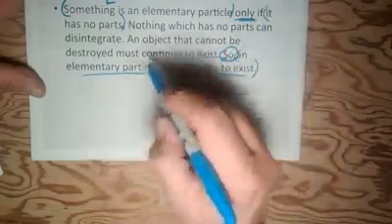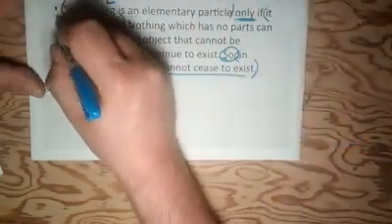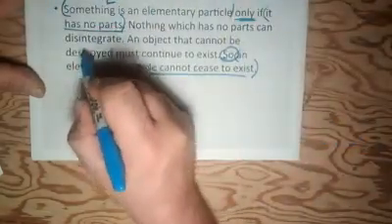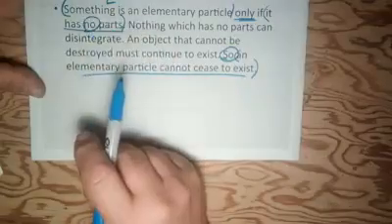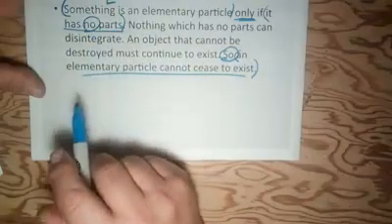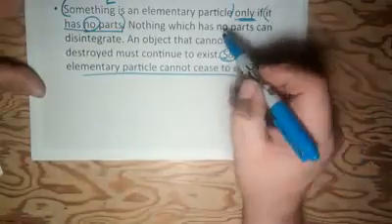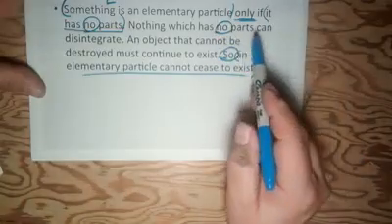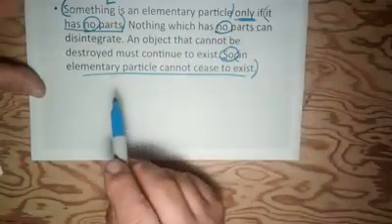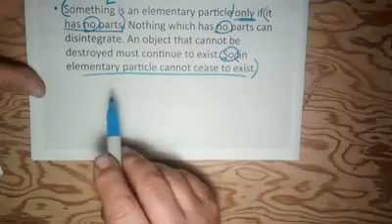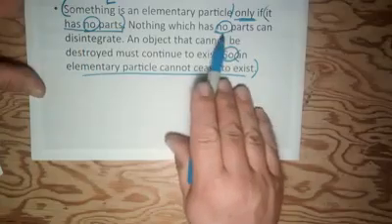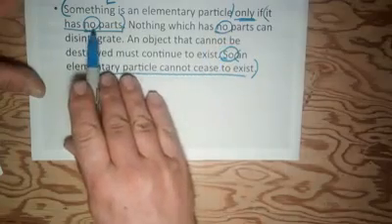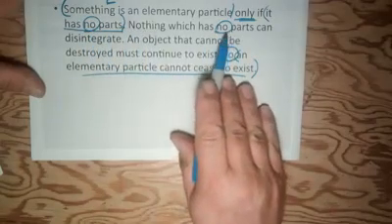So let's call that has no parts, and we've got to be careful. There's that no there that we have to be careful about. I'm not sure that no here is a negative so much as it is a number.